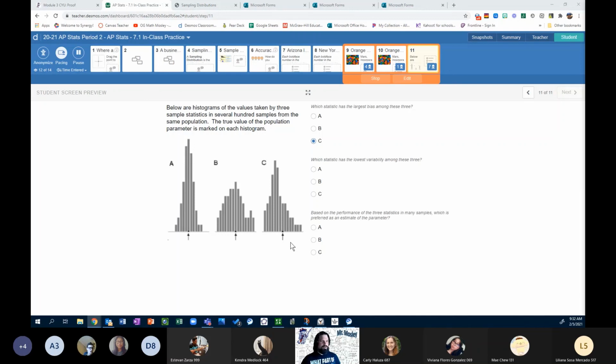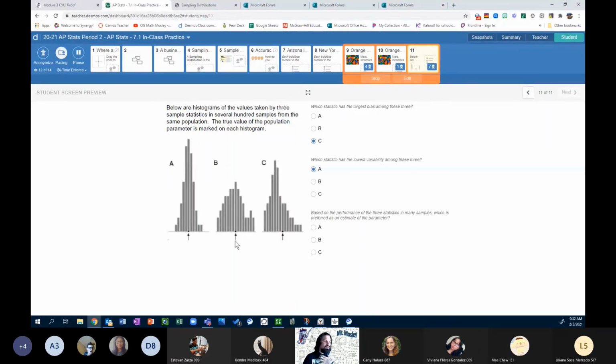It's kind of like on the bullseye where we have a clustering of things that are off center. Which statistic has the lowest variability among these 3? That would be A, as it is the skinniest. It has the smallest range, so it has the least variability.